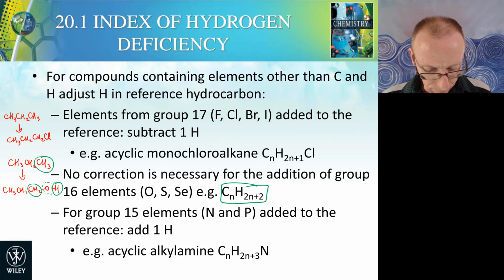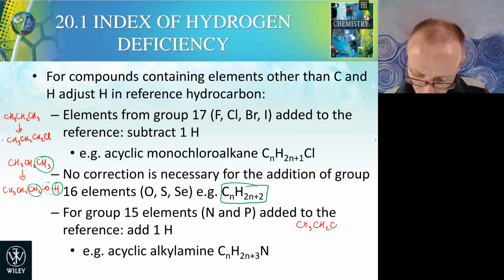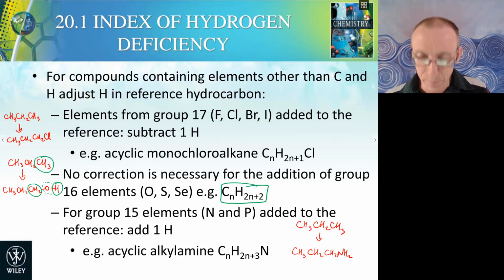CnH2n+2. Now, nitrogen and phosphorus are an interesting counterpoint to that. So if we look at the same reference hydrocarbon again, propane, and we convert that to CH3CH2CH2NH2, that would be a simple amine derived from propane, so propylamine.